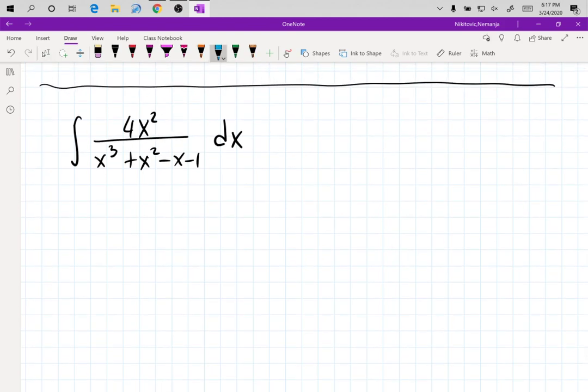Let's go blue. I can group up x cubed plus x squared, and then factor out a minus and have x plus 1 grouped together as well. Then kick out x squared and have x plus 1 in parentheses, minus another x plus 1.